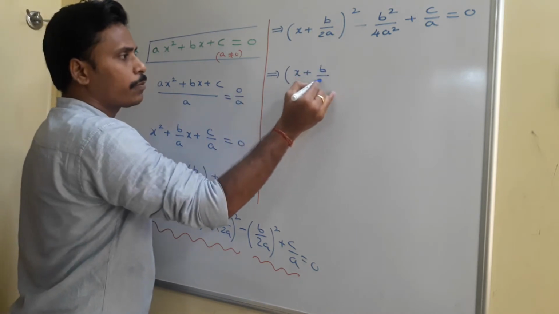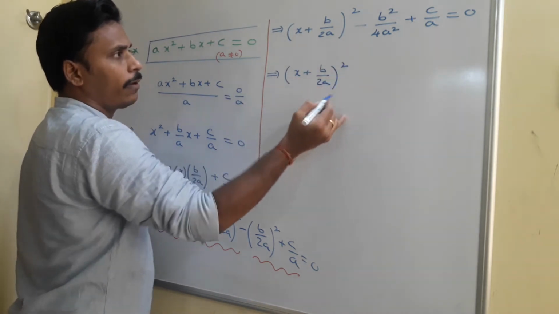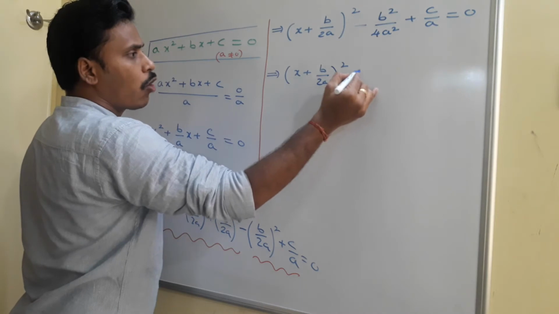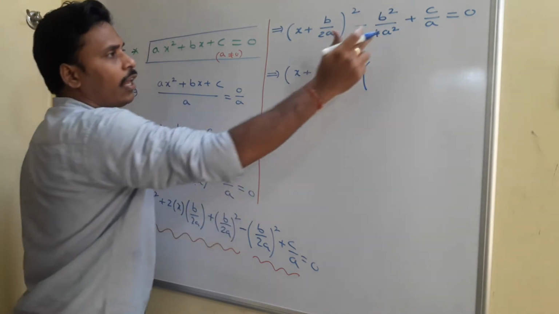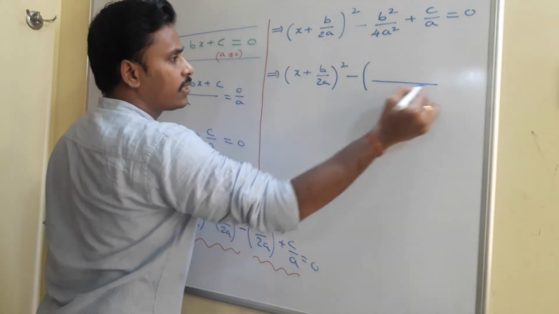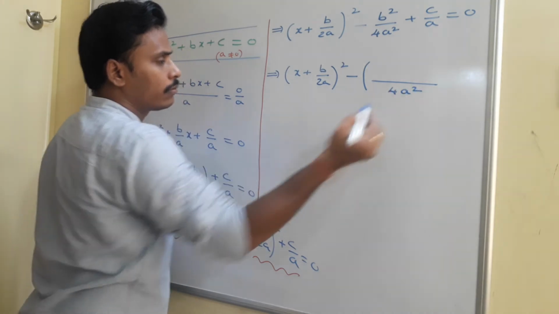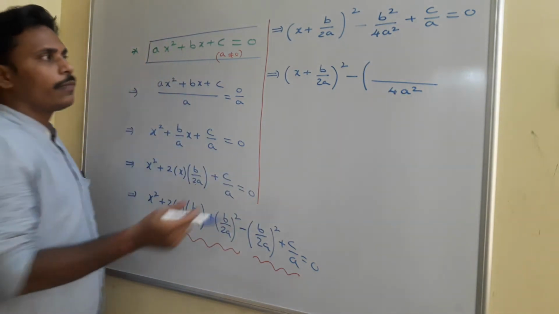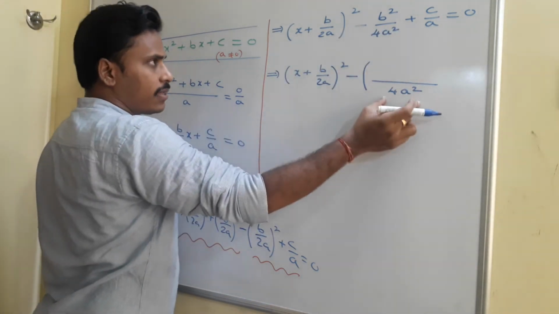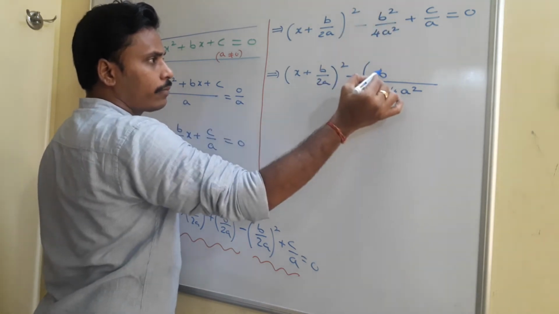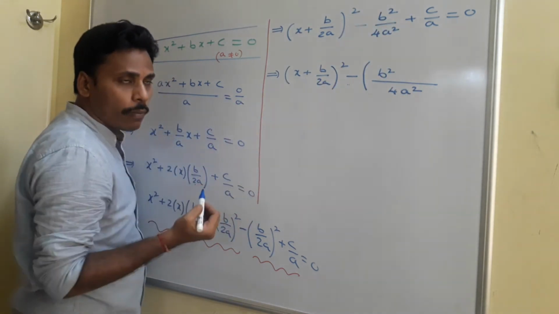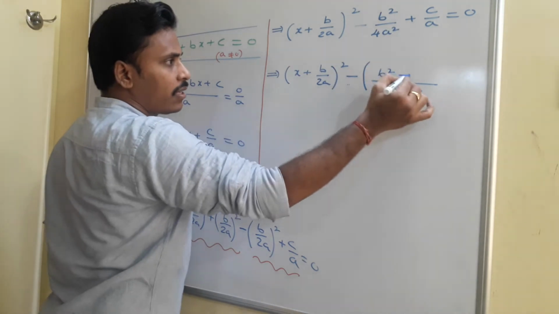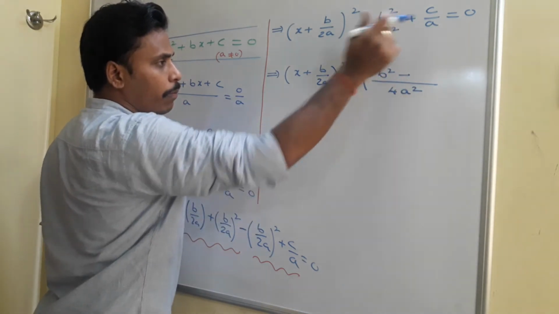This is x plus b by 2a whole square. From these two terms, if you pick out minus, and if you take 4a square as LCM, pay your attention here, then surely it is easy for you. See, 4a square is the LCM. This is b square. Since I pick out minus as a common factor, you need to write minus here again, because minus into minus will become plus there.